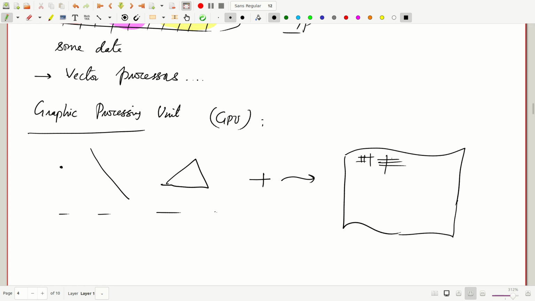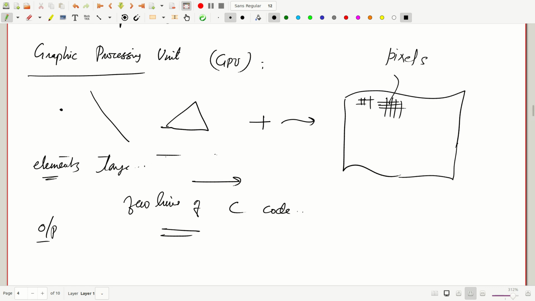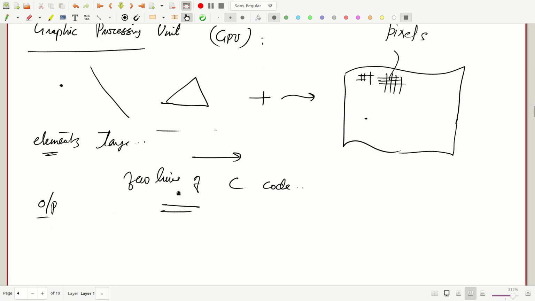Okay, so you have pixels of data, so you have to highlight these pixels by translating all these points, lines and triangles into this one. This kind of translation is only a few lines of C code, but the same set of operations has to be performed for all these elements. Now these elements can be very large in number, depending on the surface you're trying to visualize on the screen. That means we have to perform the same few lines of C code for all these different elements, such that you can display them on the screen.